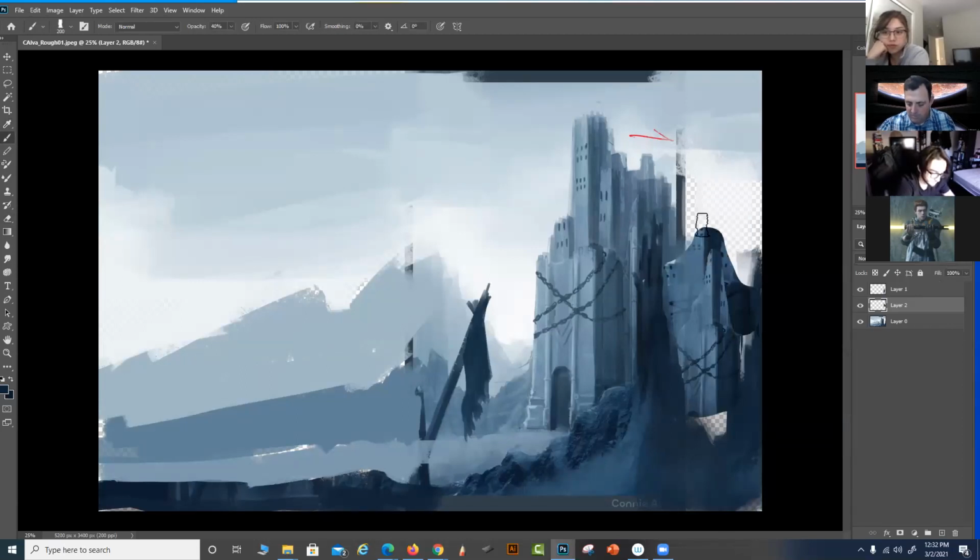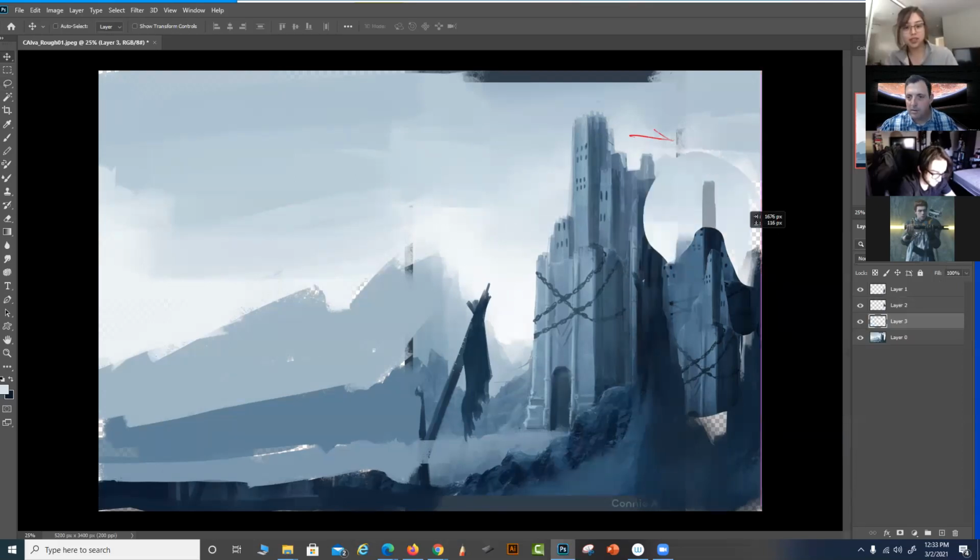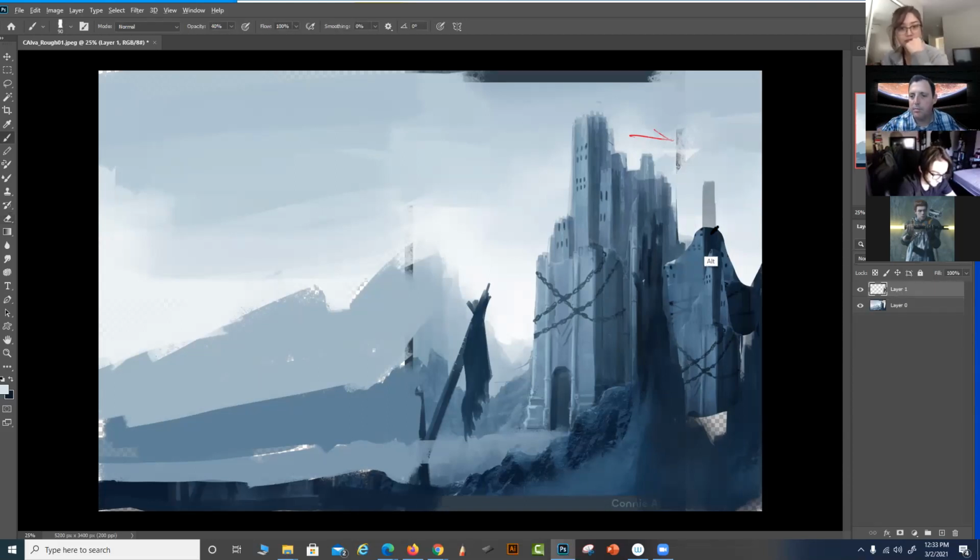Let me just catch a little bit more, get some more sky up there, like in here. You can really pronounce your castle more by pulling it out like that.